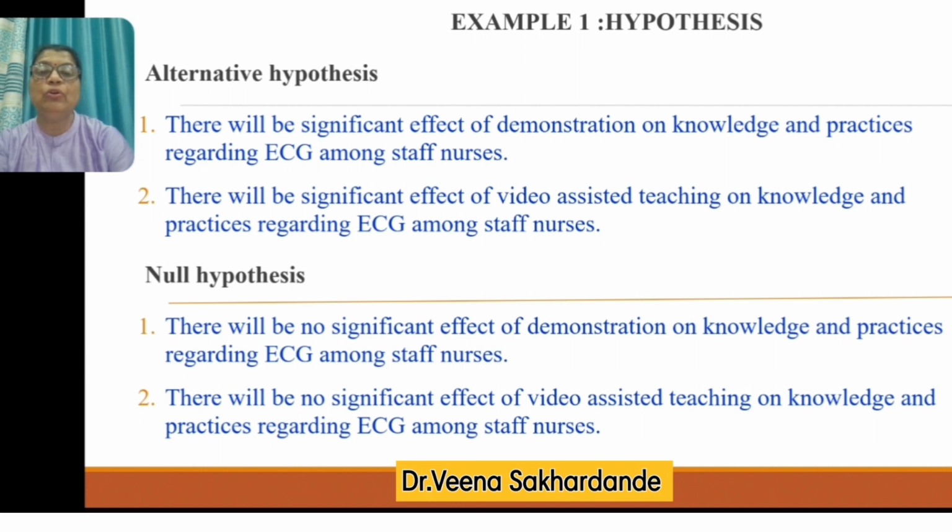That means there is no effectiveness of the video assisted teaching and demonstration. Whereas the alternative hypothesis says there is a positive effect of demonstration and video assisted teaching on the knowledge and practices. So this is the framework, or phrasing, of the alternative hypothesis and null hypothesis, which we can see in the example.